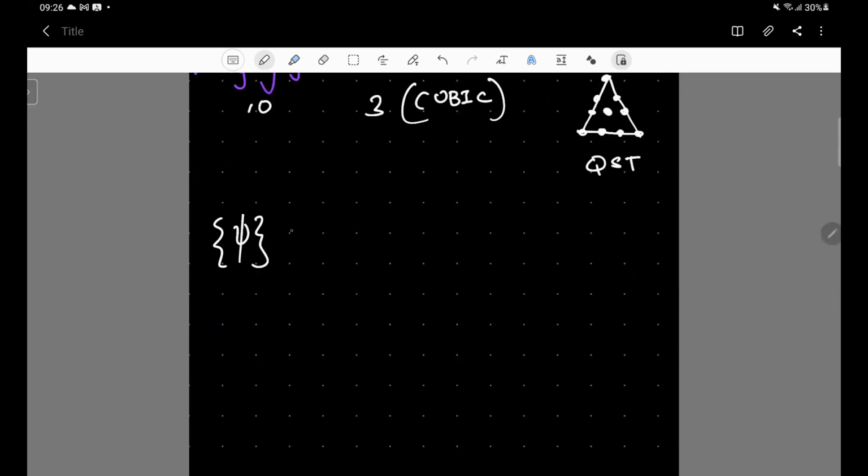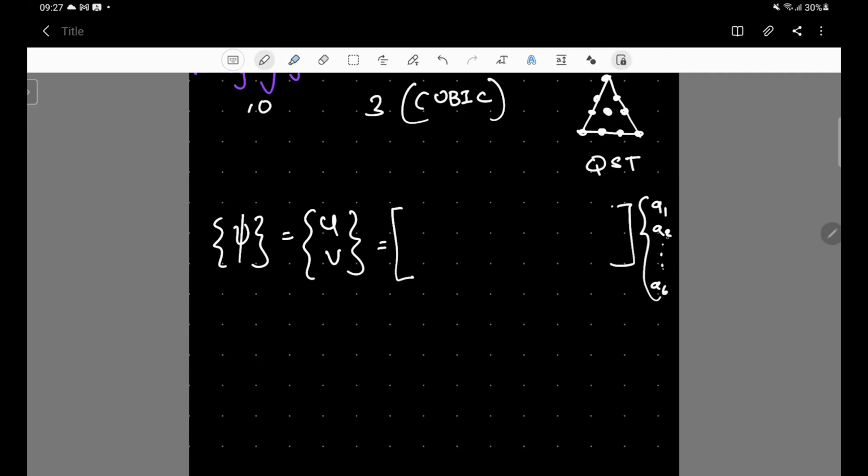We would like to express u and v, which we can conveniently separate using a column matrix to take out all the exponents. There will be 12 exponents.